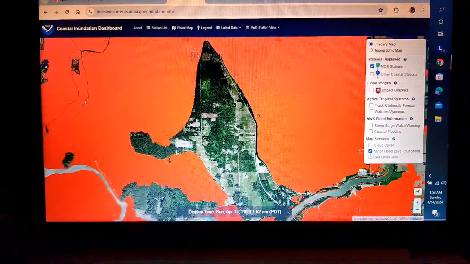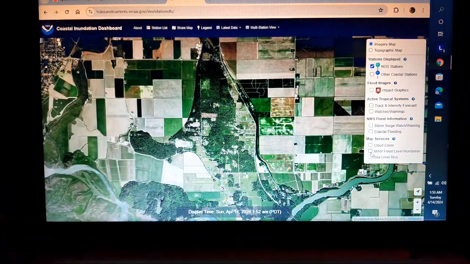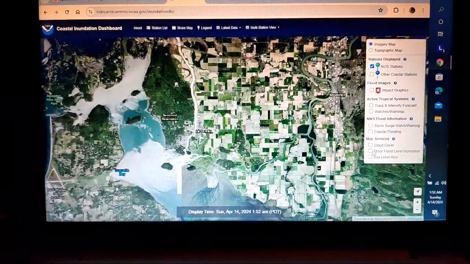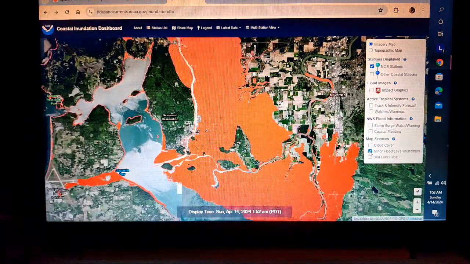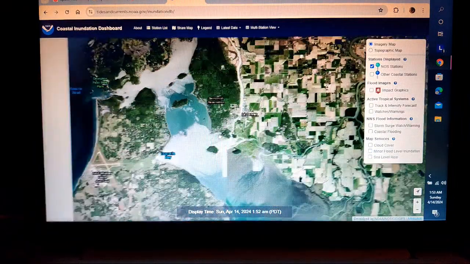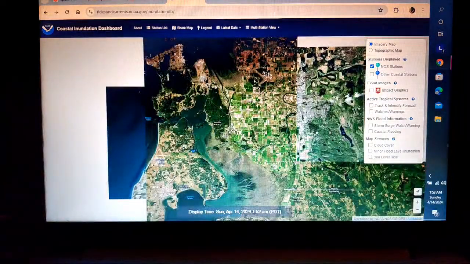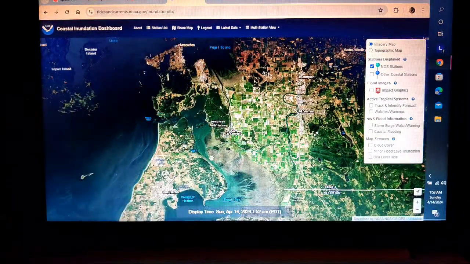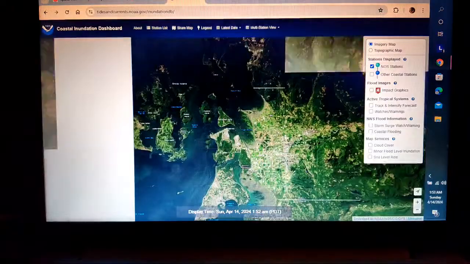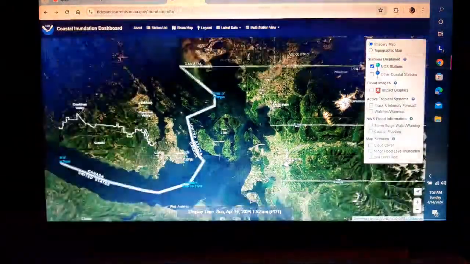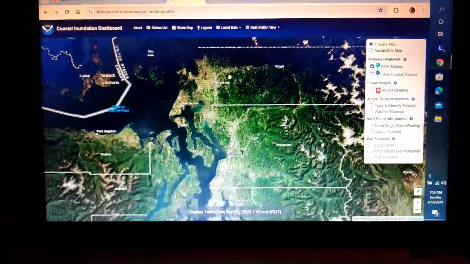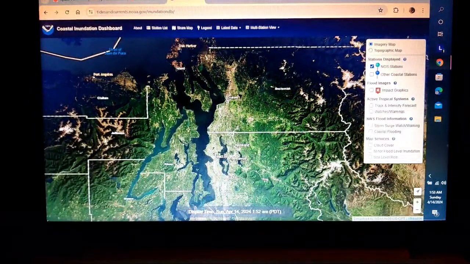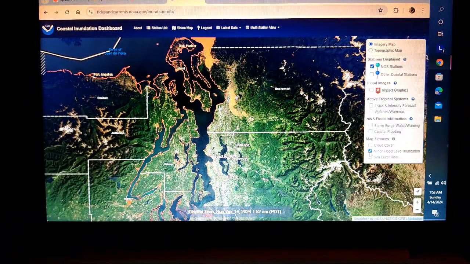Do it again over here. All right, so that's what's good about this map, you can come over here, click it on, see where your water's going to be. And that was all the Puget Sound area up by Seattle. So we'll put this back on real quick for you people up there.